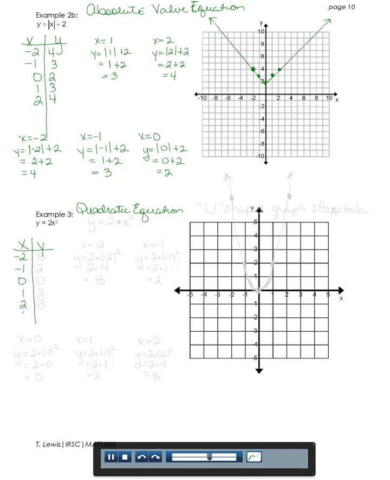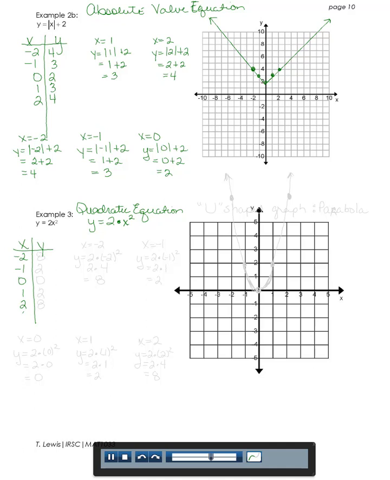All right, so here this is the equation: y is equal to 2 times x squared. Because it's 2x squared, the understood operation between the 2 and the x squared is times.